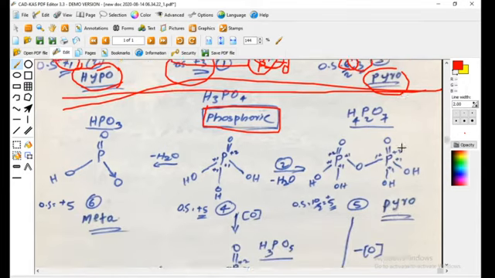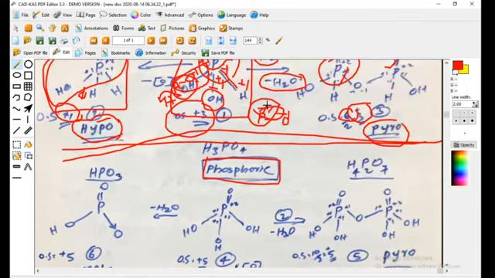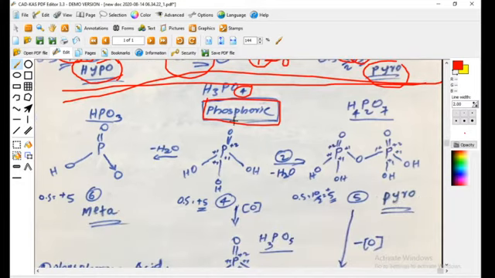Now we are going to phosphoric acid. What is the difference between phosphorus and phosphoric? One oxygen only is increased here. So here the structure is H3PO4.